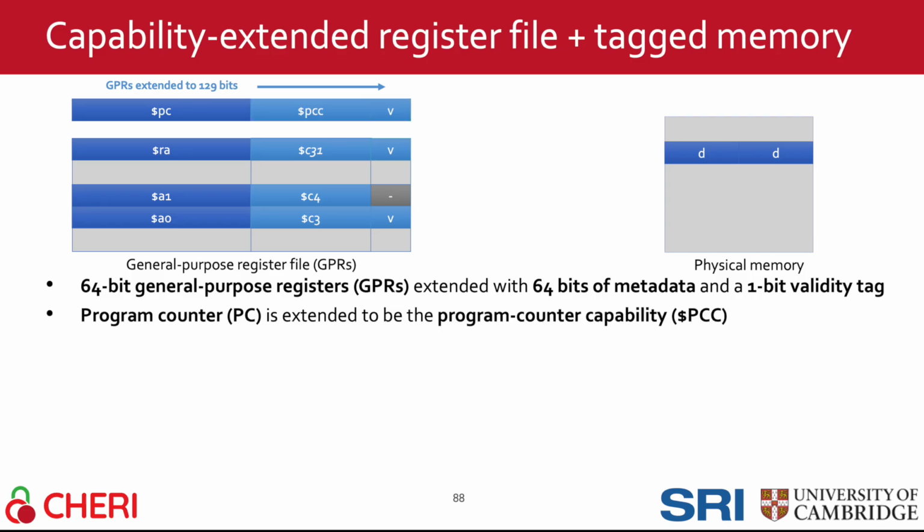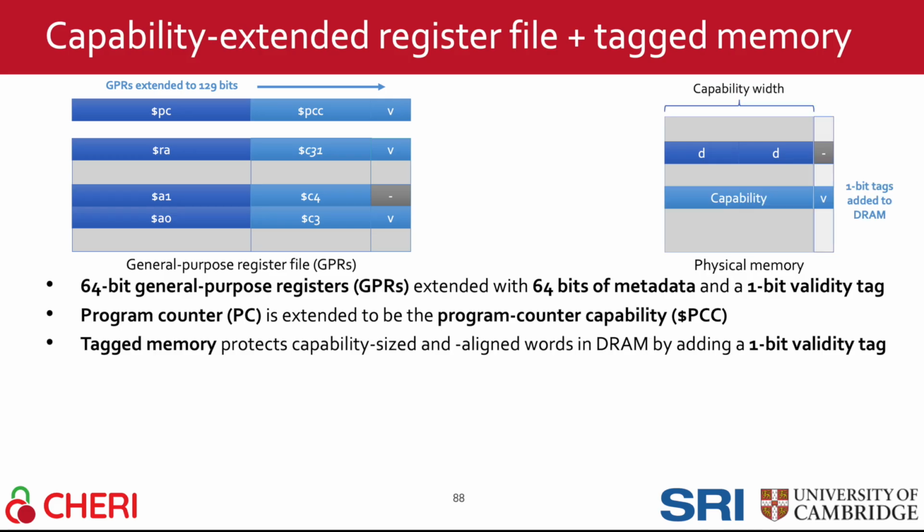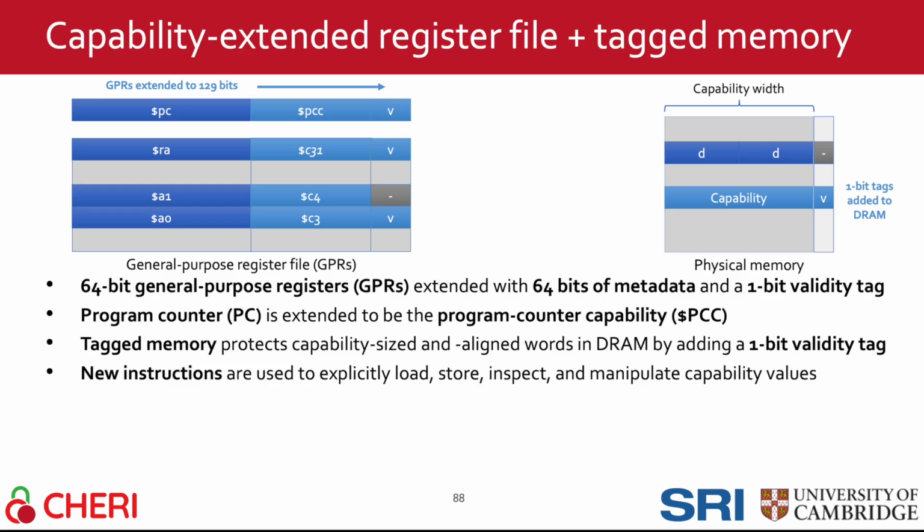We're going to add it to the program counter so we can bound accesses to code. For code pointers, we've got tagged memory, which is very important for validity and provenance. And we add these new instructions to do bounded manipulation of capabilities and to access memory through capabilities.